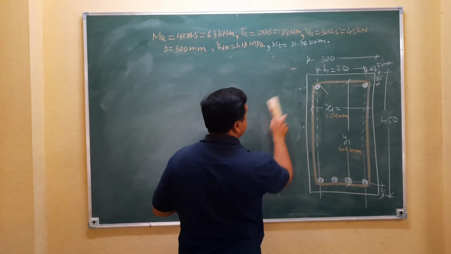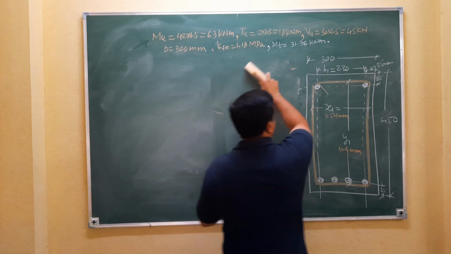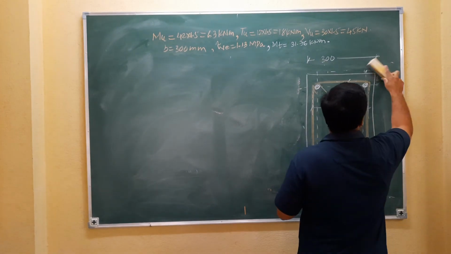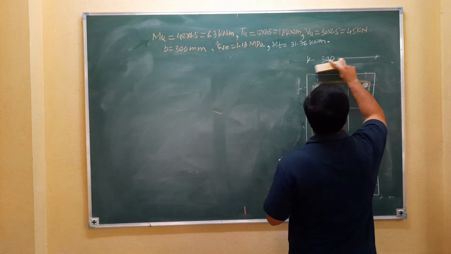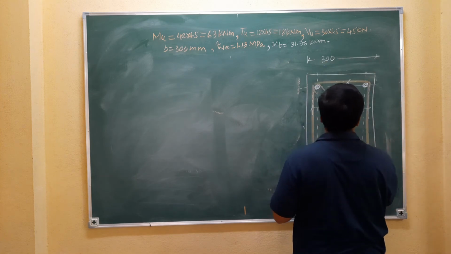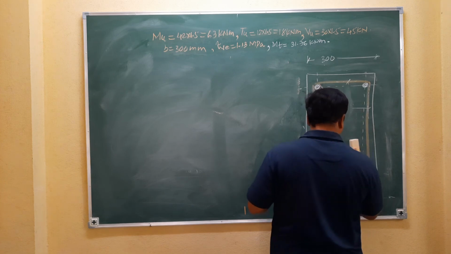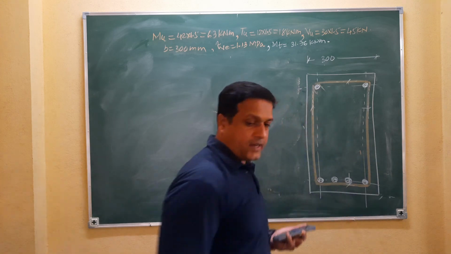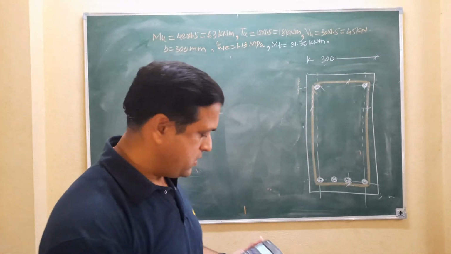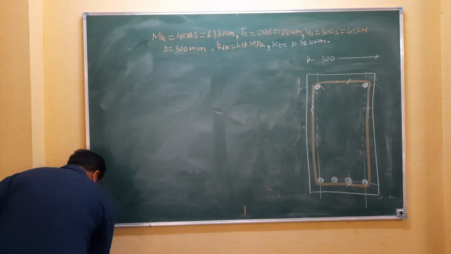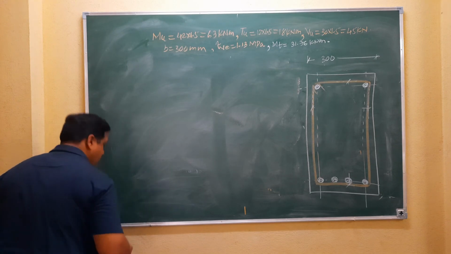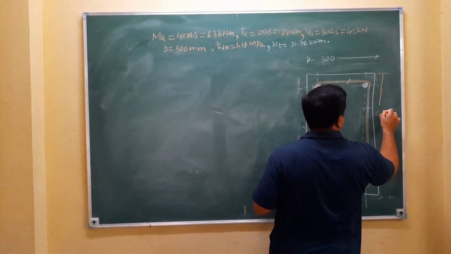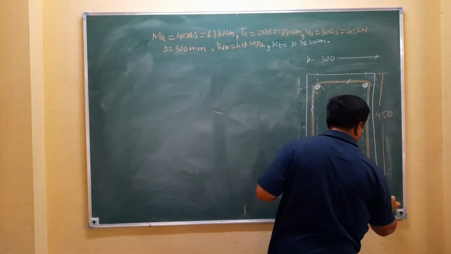So the final reinforcement details are: we have the 300 mm width, 450 overall depth.